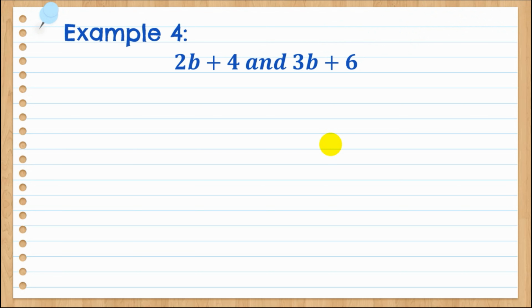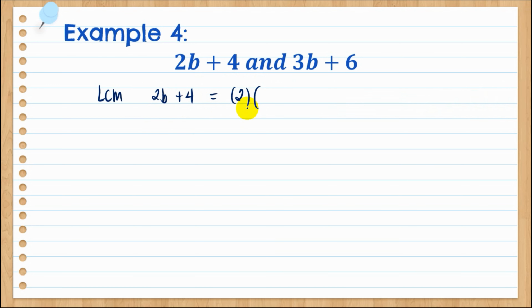So, we have here 2b plus 4 and 3b plus 6. So, same step pa rin to find the LCM. We have to write the factors of these two binomials. So, we have 2b plus 4. So, you can see we have 2 and 4, and this is factorable by GCF because the greatest common factor for these two is 2.